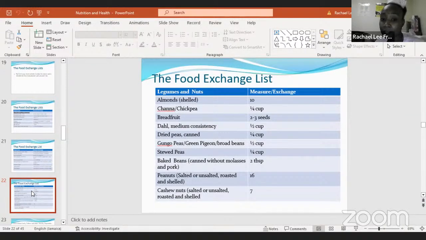Your dal, it says medium consistency, you need about 1/2 cup. If you're having dried or canned peas, 1/4 cup. Your gungo peas, it should be 1/2 cup. All of these things, you should measure them, because the legumes actually have some amount of fat, and some of them have some amount of starch.